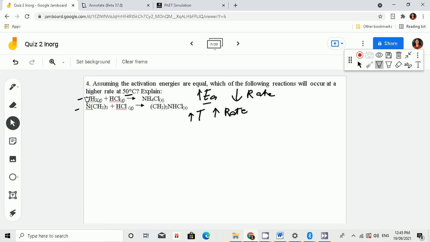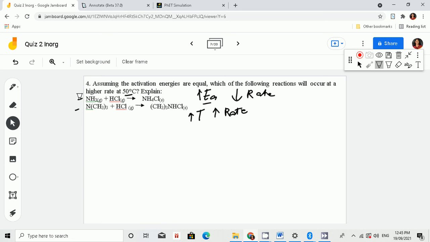So in this problem, we cannot determine who is faster by the temperature, because the temperature is the same. So what else can we determine?